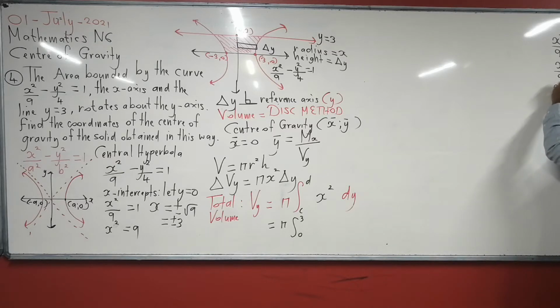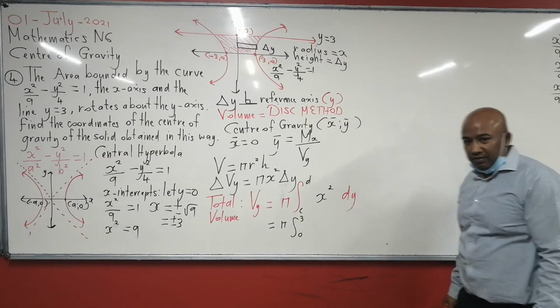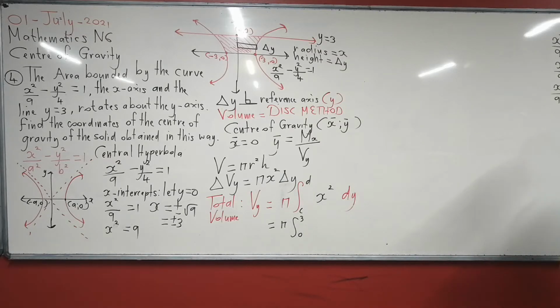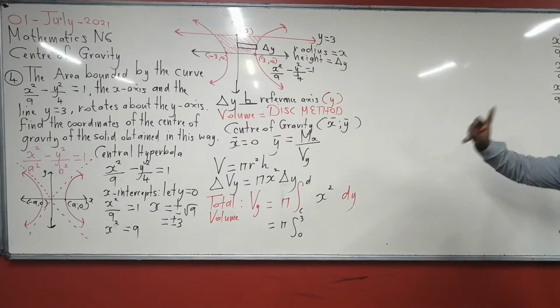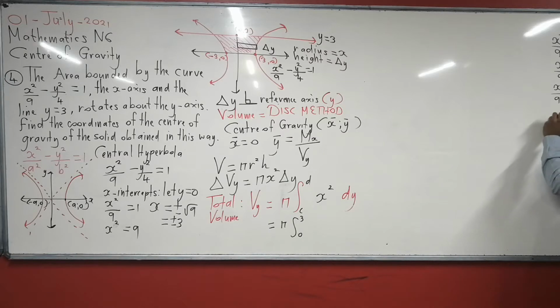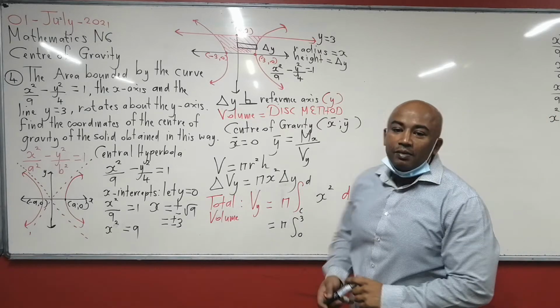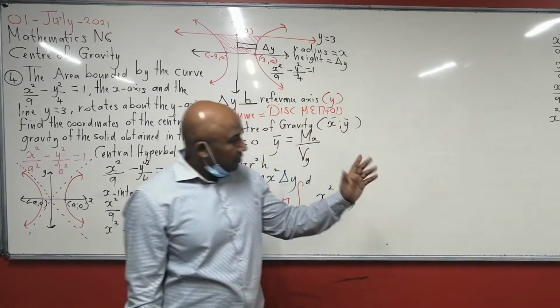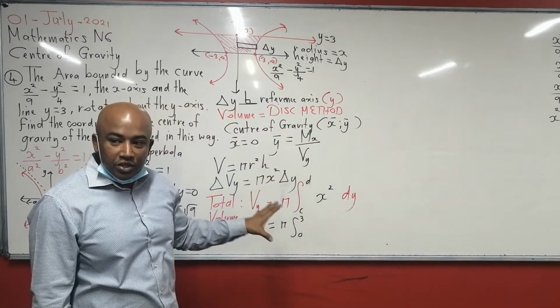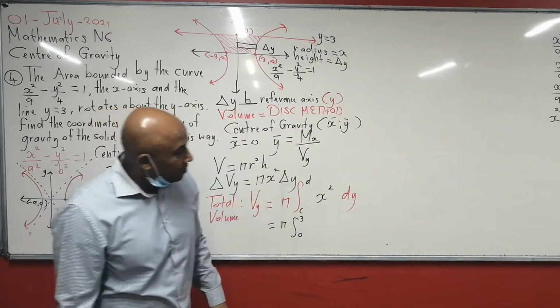Find the LCD first, so that becomes 4 plus y squared over 4. Now multiply by 9 on both sides. So x squared is equal to 9 over 4 multiplied by 4 plus y squared. Simplify properly in the beginning, then it will make substitution and integration simpler.